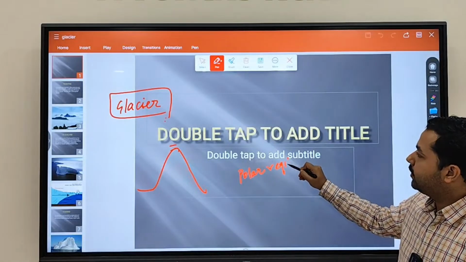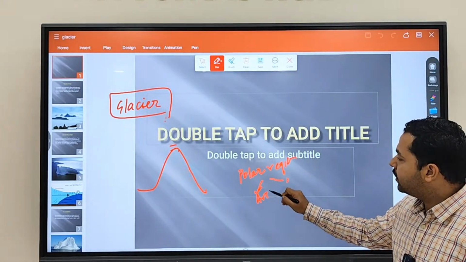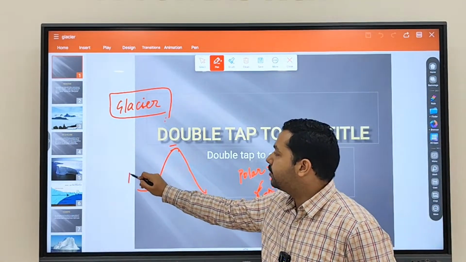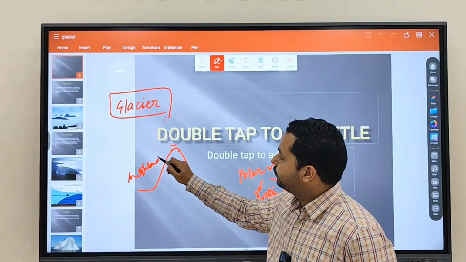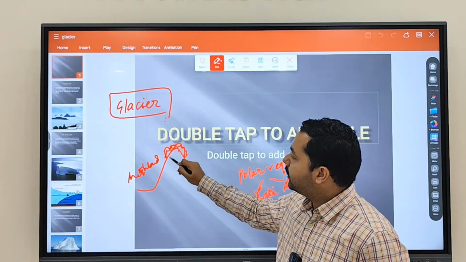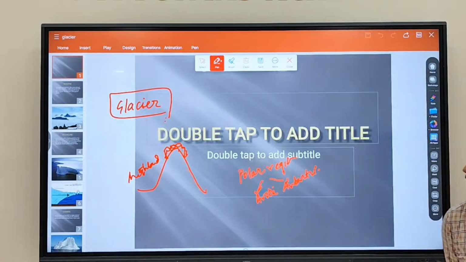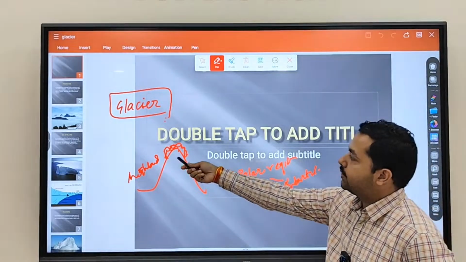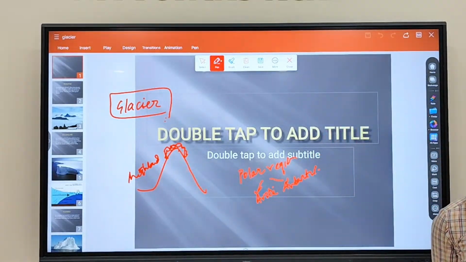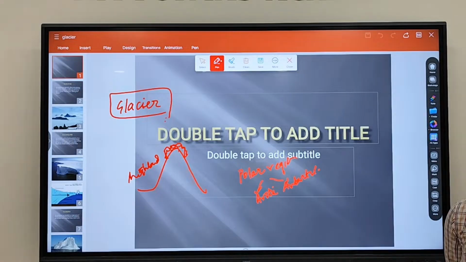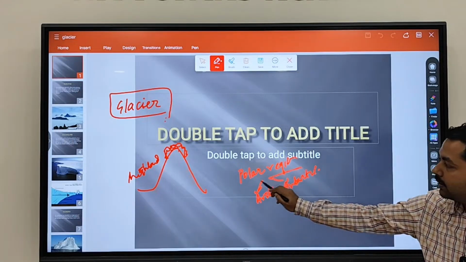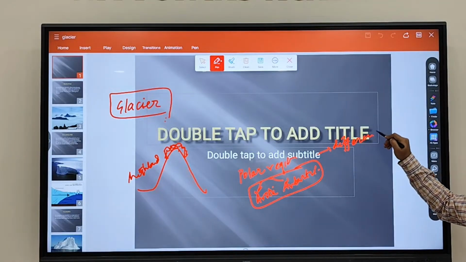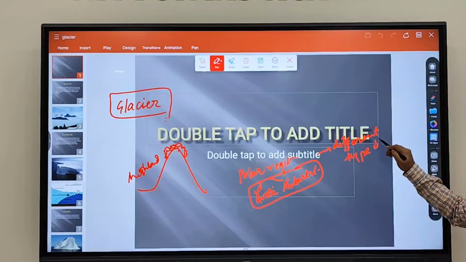Either you see them in the Arctic or Antarctic, there you see glaciers, or in the highland region, that is the mountain region, there you find glaciers. So glaciers are seen in these two regions: the polar regions, Arctic and Antarctic, and the highland region. In the polar region, you will find different types of landforms made by glaciers.